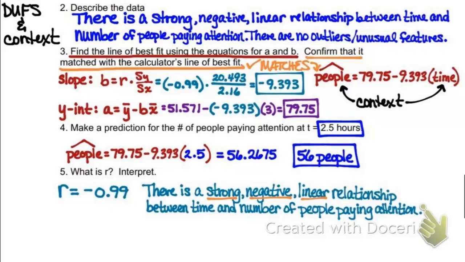Depending on how many decimal places you took it out to, yours might be slightly different, but it should be within the ballpark for your slope, negative 9.393. To find your y-intercept, you need the mean of y minus the slope that you just found times the mean of x. And I got about 79.75.